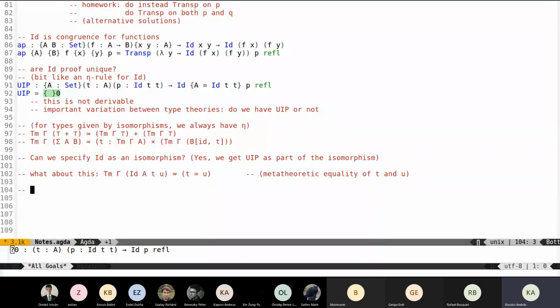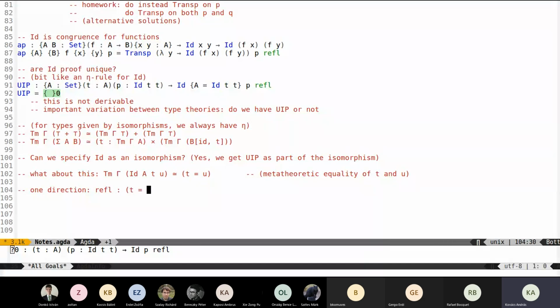we still have REFL. REFL is one direction, and REFL basically gives us, from any proof in the meta theory that the terms are the same, a term in the type theory.